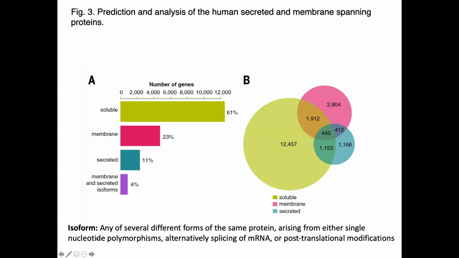Isoforms are any of several different forms of the same protein arising from either SNPs, alternative splicing of mRNA, or post-translational modifications. We have learned all this before, right? In the next few slides, I'm going to show how the isoforms look, okay?